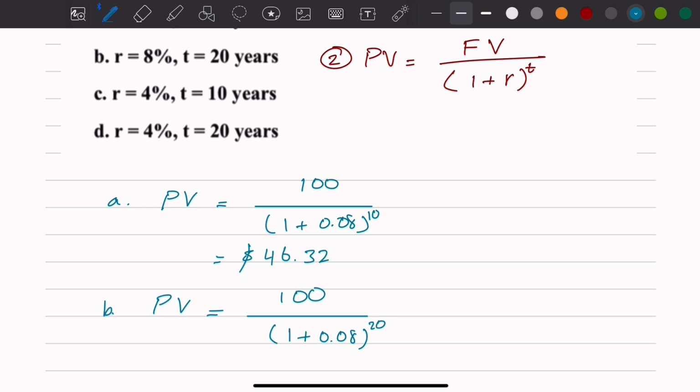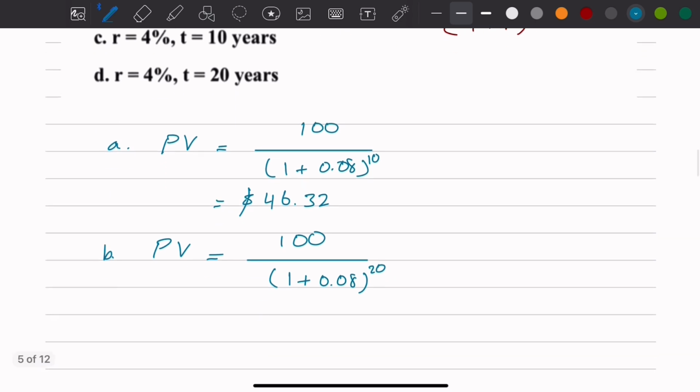So I'll go back to my calculator and just change the 10 into 20, and that will give me $21.45. Okay, so $100 discounted at an 8% rate of return over a 20-year period is the equivalent of $21.45 today.